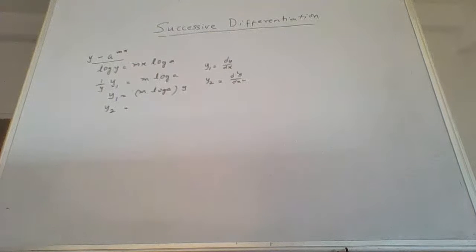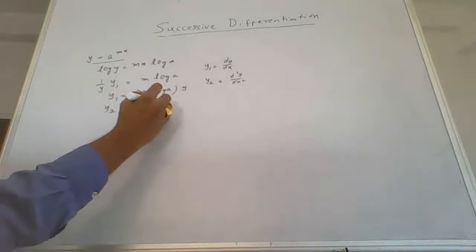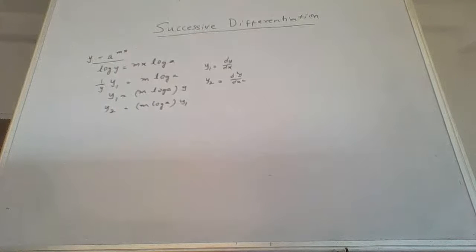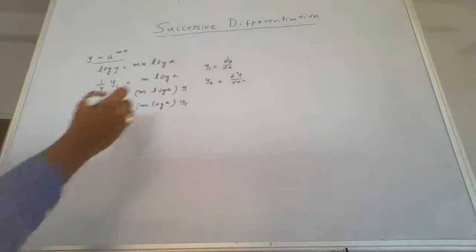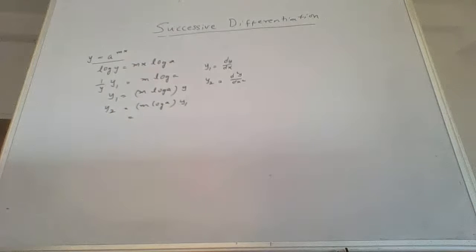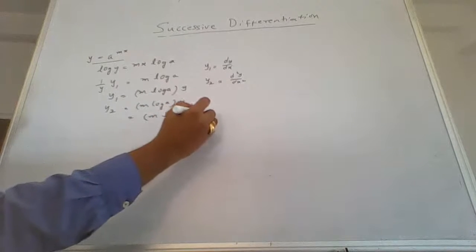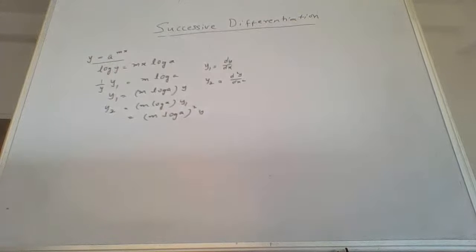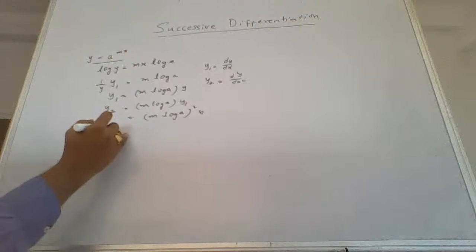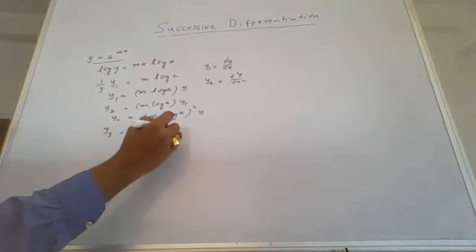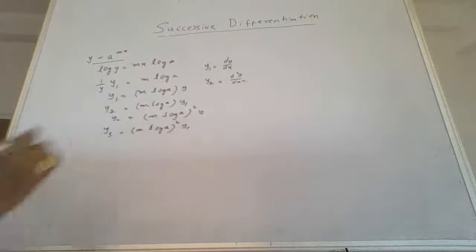Now y2 is m log a into y1, and since y1 is this result, y2 is m log a whole square into y. Then y3 will be m log a whole square into y1.